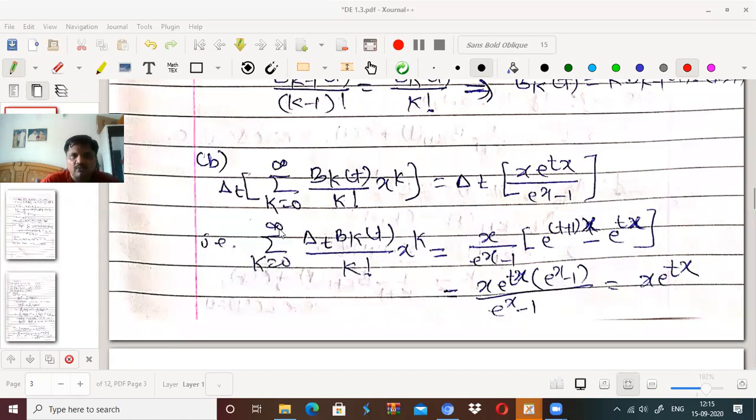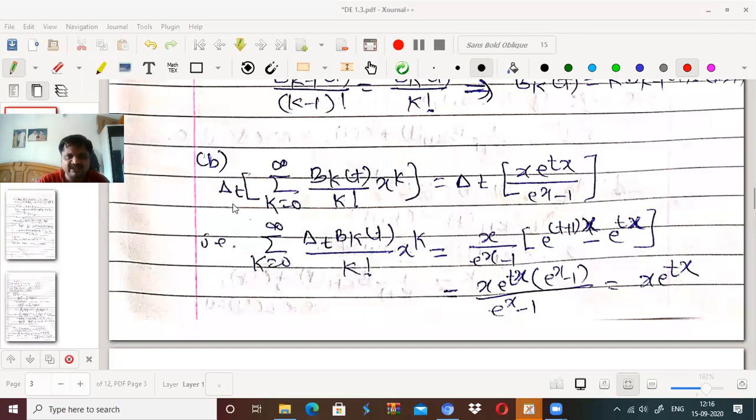Now if I take difference, we can write summation k from 0 to infinity, difference of Bk(t) with respect to t upon k factorial. The x to the power k is constant as far as t is concerned, that's why it is as it is. So only we have to take delta of Bk(t). And since summation is there, you can take it separately.